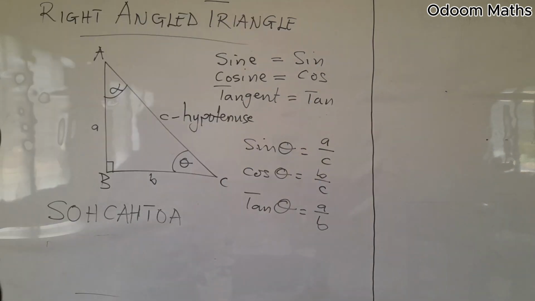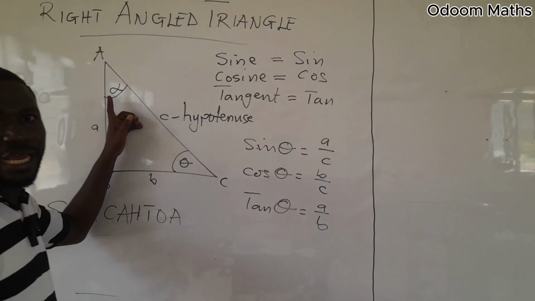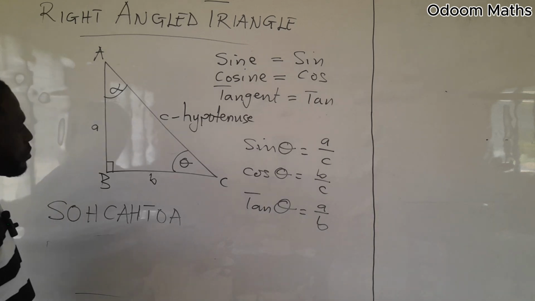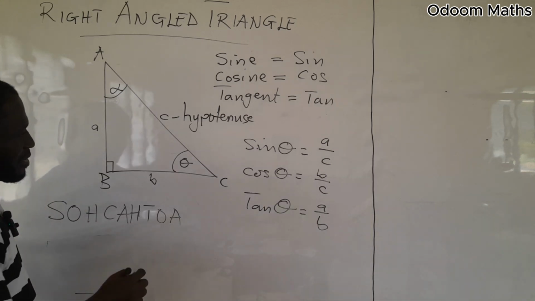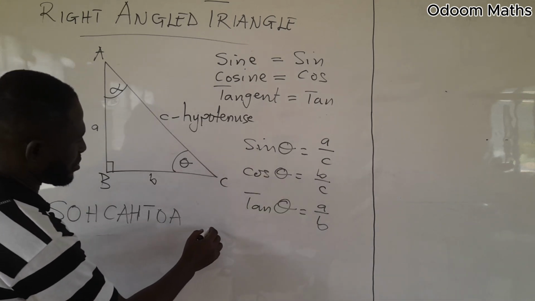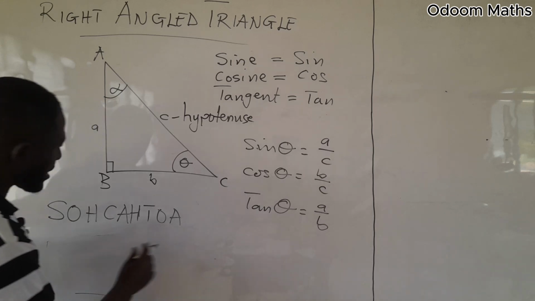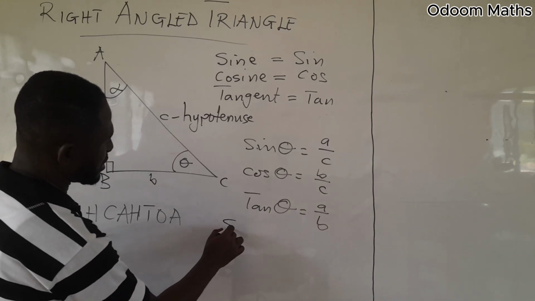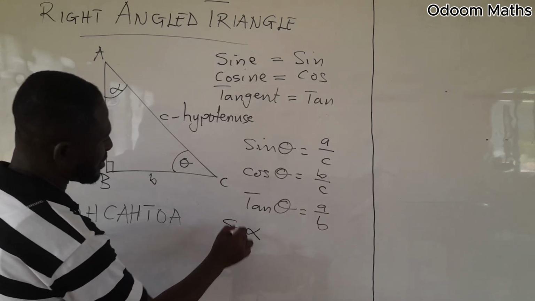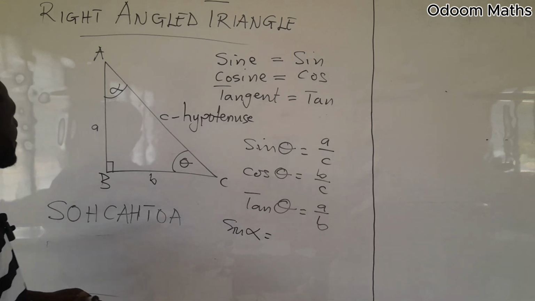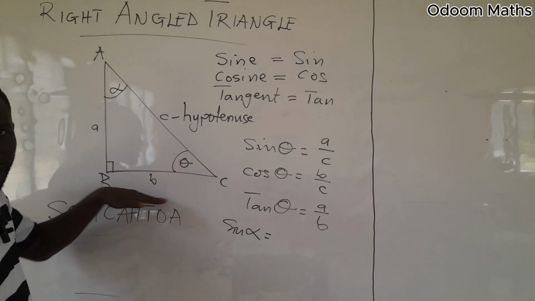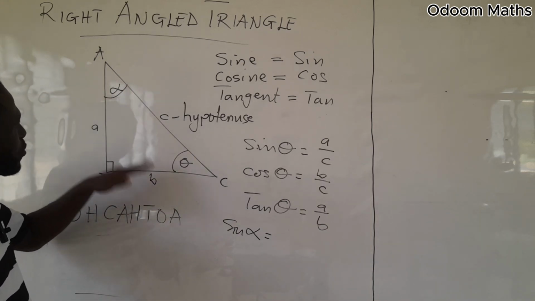Now let's talk about the angle alpha. For alpha, I am going to start from sine. Alpha faces B, so B is opposite to alpha.